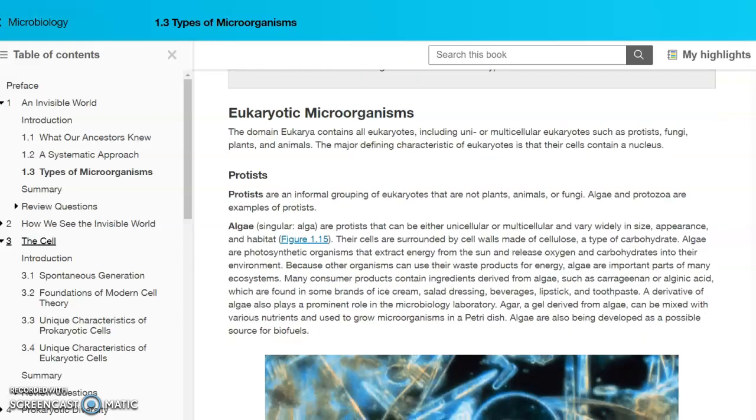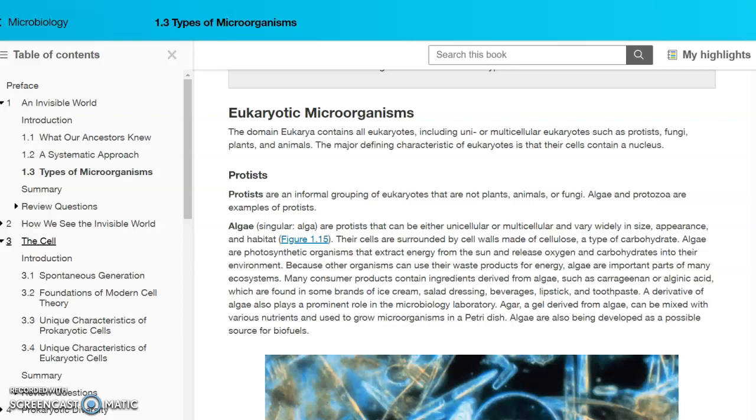Now, when we jump over to the eukaryotic microorganisms, we're looking at domain Eukarya. These organisms all have a membrane-bound nucleus, so they're all considered to be eukaryotes. Our first group are the protists. If nature had a junk drawer, it would be the protists.